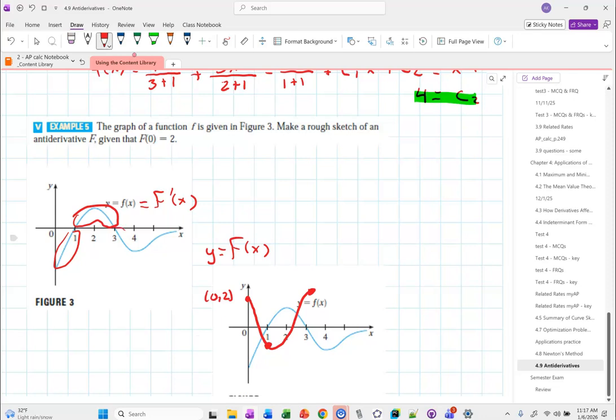And then from 3 on, our derivative is negative. So our function is decreasing. What do you notice, though, is going on here?